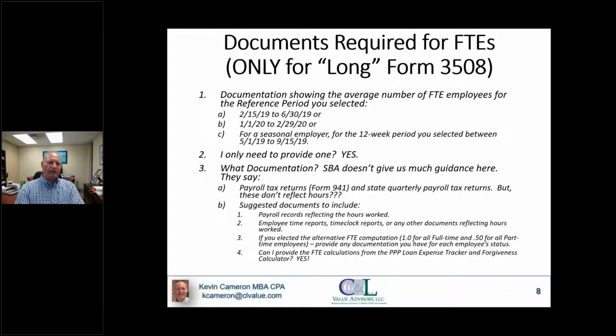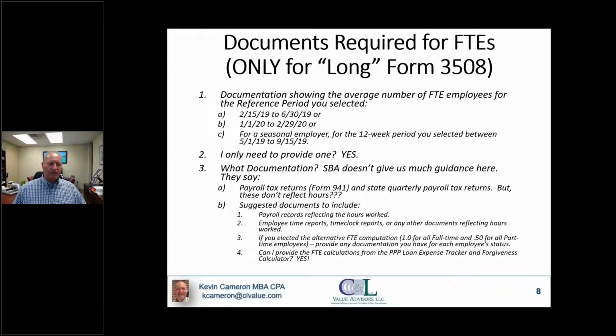If you're using the election to count all full-time employees as a 1.0 and all part-time employees as a 0.5 FTE, then you'd probably want to maintain some documentation that reflects that those full-time employees are really full-time and those part-time employees are really part-time employees.